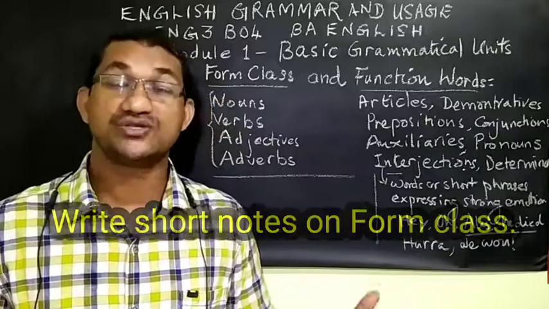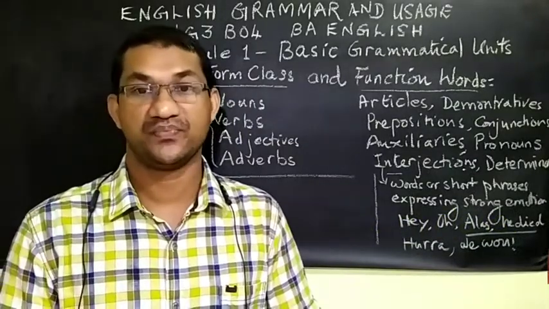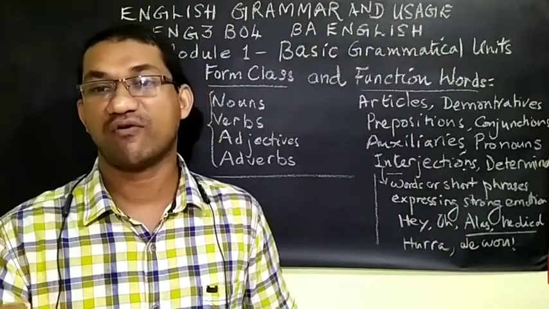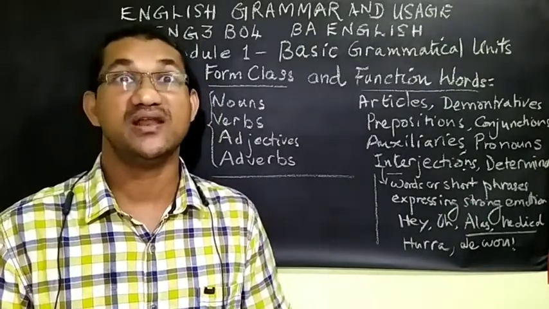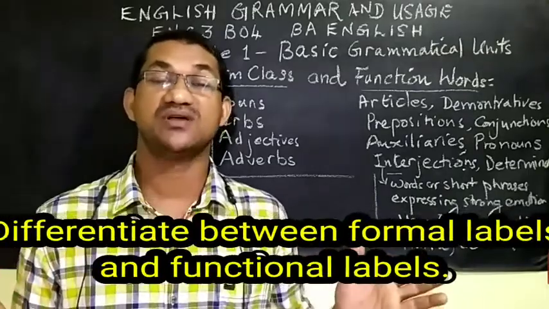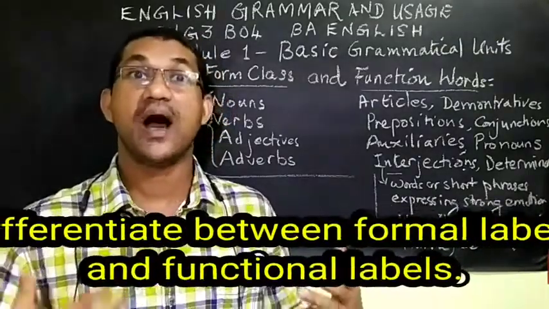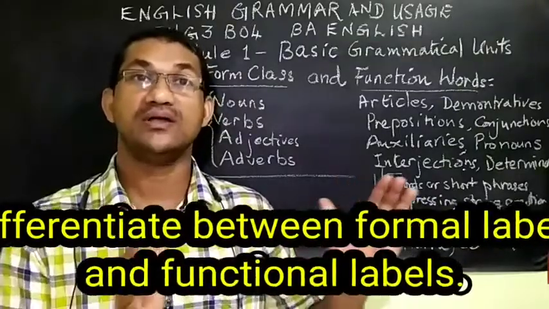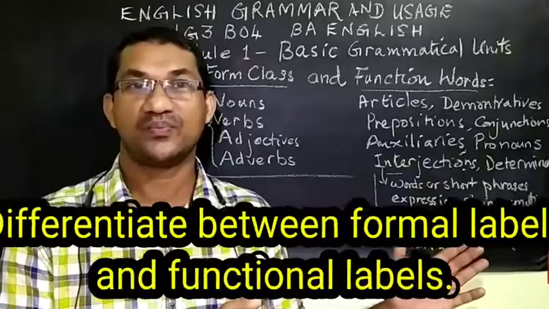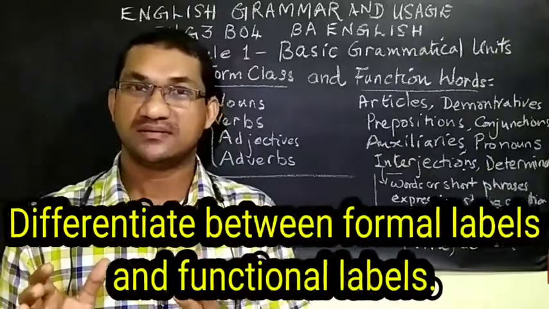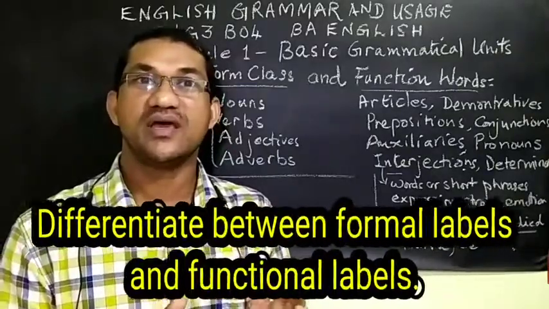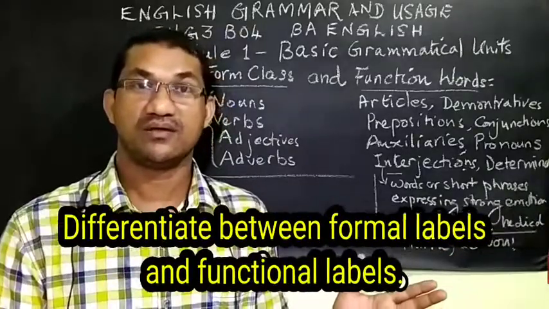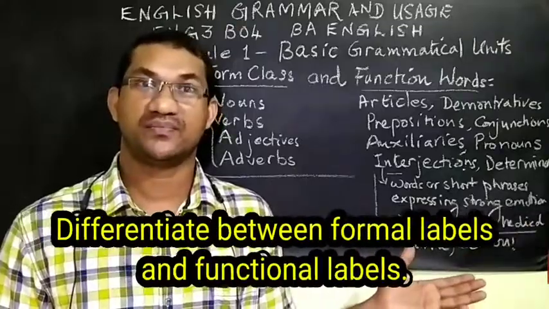Next is to write a short note on function words. And we come to the next question: how do we differentiate formal labels and functional labels? Formal labels are labels based on the appearance of the vocabulary items. We say John is a proper noun, car is a common noun, drive is a verb.